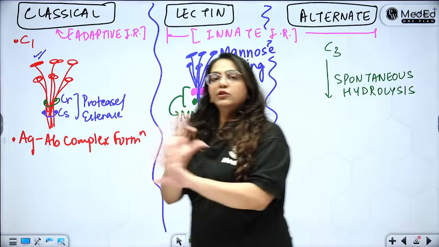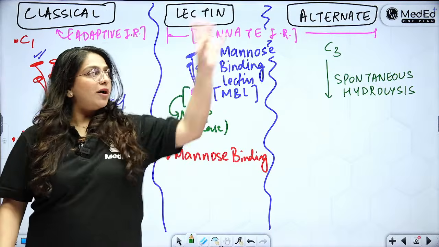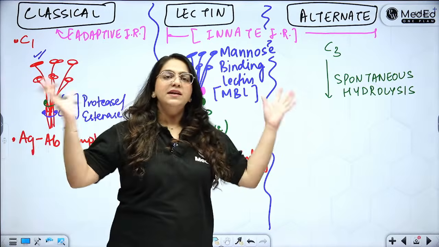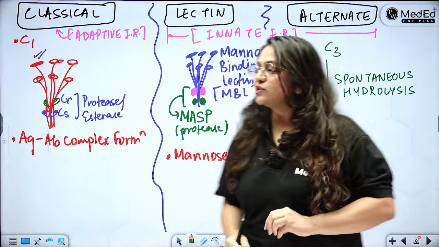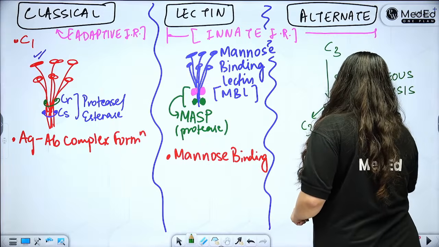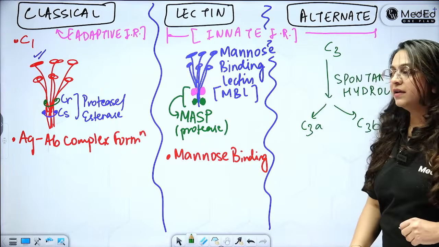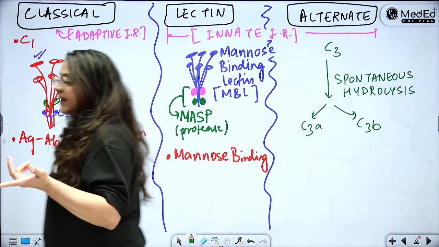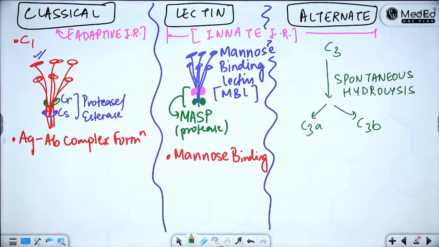Nobody said anything to C3. The moment C3 saw bacteria, fungus, virus, it lost its mind, exploded, hydrolyzed on its own. When it hydrolyzes, it breaks into, of course, C3a and C3b, right? Now this C3a and C3b are going to further get activated and lead to something.